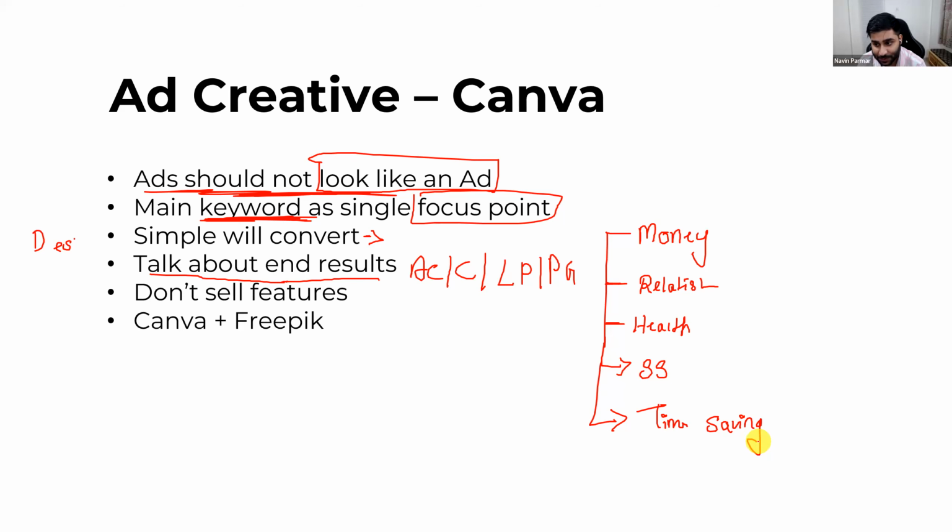Maybe it will be cheap. Maybe you will be able to do much more work by saving a lot of time. Right? And when you do that, you will not use chemicals. So that will also lead to health. Isn't it? Interesting, right? So this is how you think about your brand. Now I have heard for the very first time about the product, but I'm able to come up with this.